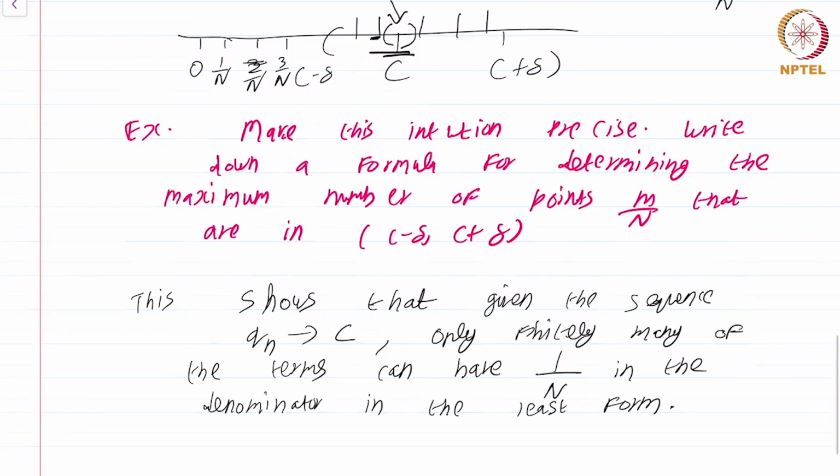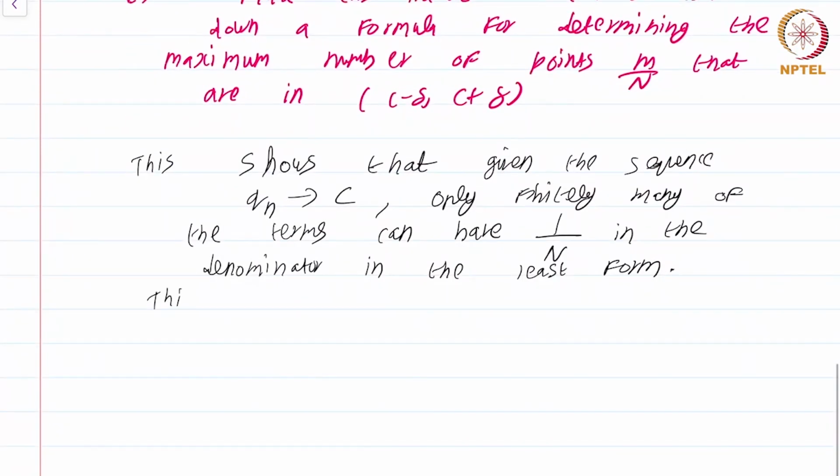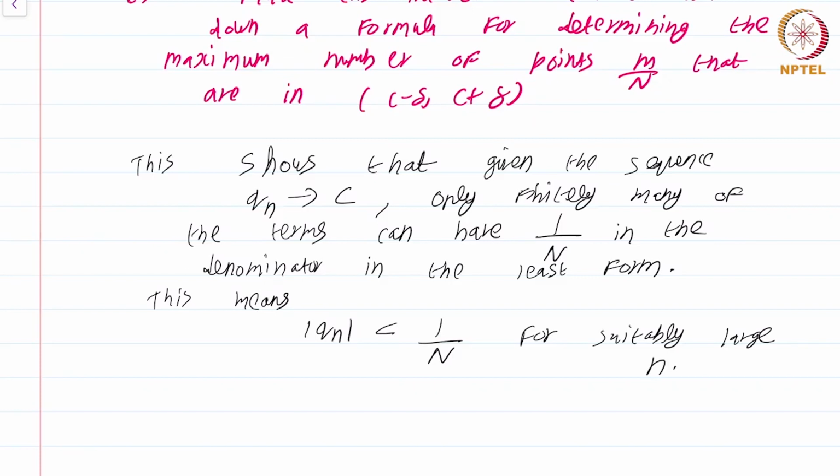Okay, so this means mod f of Qn is strictly less than 1 by n for suitably large n. Why is this? Well, you have to think about this for a moment. You just look at 1 half, 1 by 3, ... 1 by n.